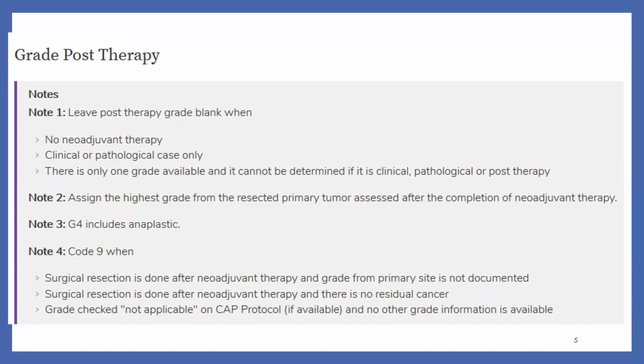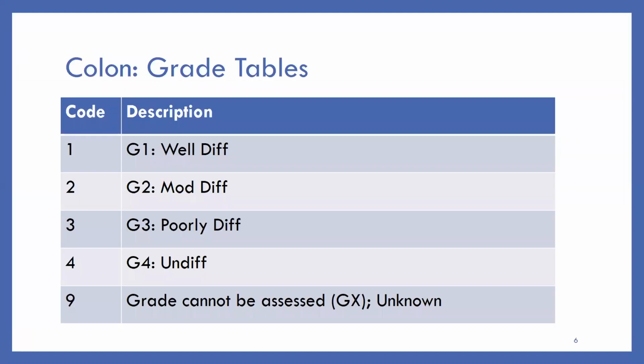Your grade path, if you have a resection, will never be less than your grade clinical. It will be equal to or higher. Here are the grade tables for colon. You won't ever have to go look to find these because these are schema driven. So colon uses the generic grade table.